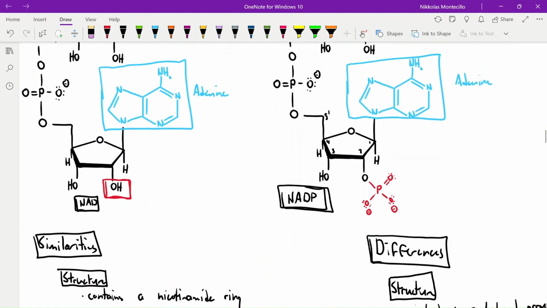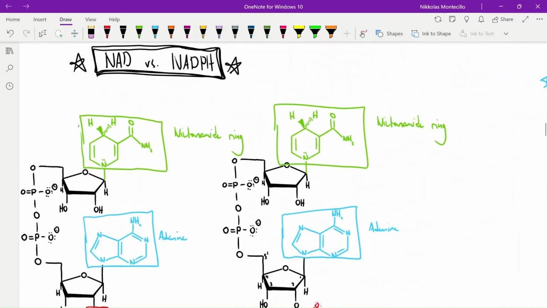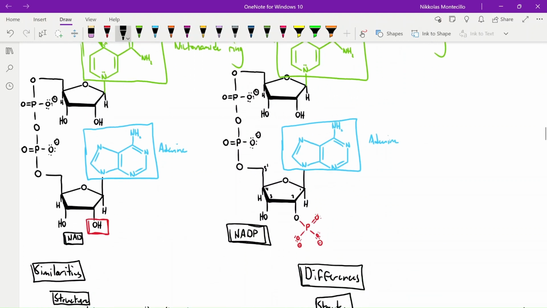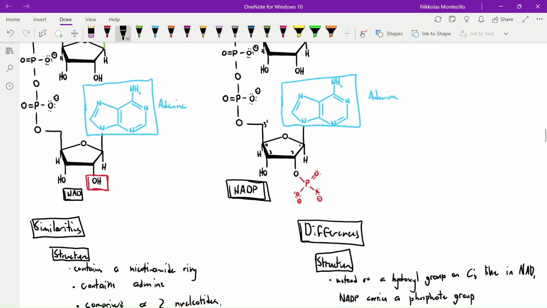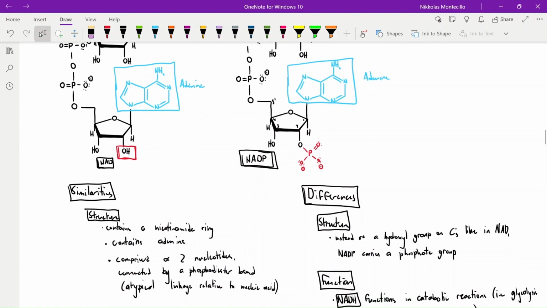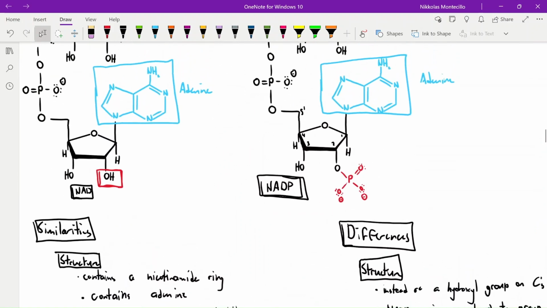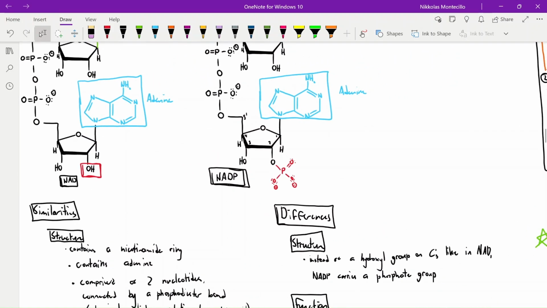So this is NAD. On the other hand, we have NADP, and the reason it's called NADP is because there's a phosphate group at carbon number 2 of this ribose sugar here. In terms of similarities, both NAD and NADP contain a nicotinamide ring and adenine.